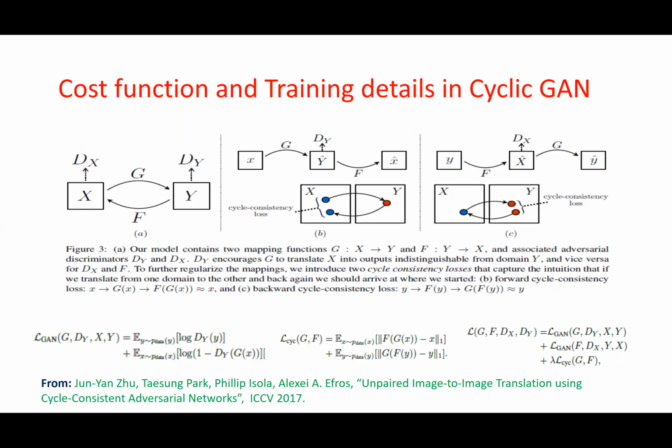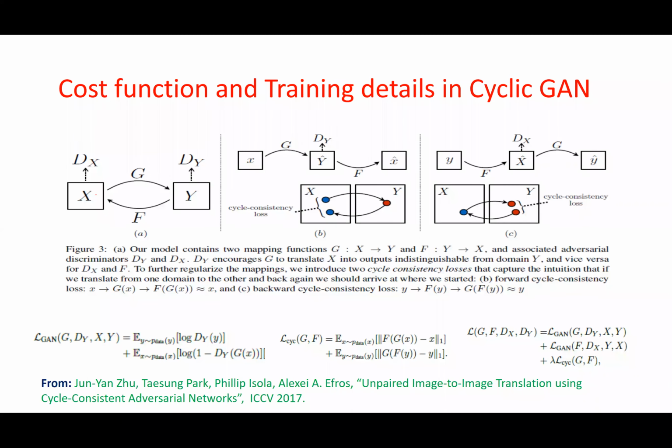In addition to that, there is a cyclic loss. What we are doing is transforming zebra to horse, and after this transformation, you can transform horse to zebra again with another generator. So now it is through two generators, and once you get zebra to horse and horse to zebra again, this zebra can be compared with the ground truth zebra.